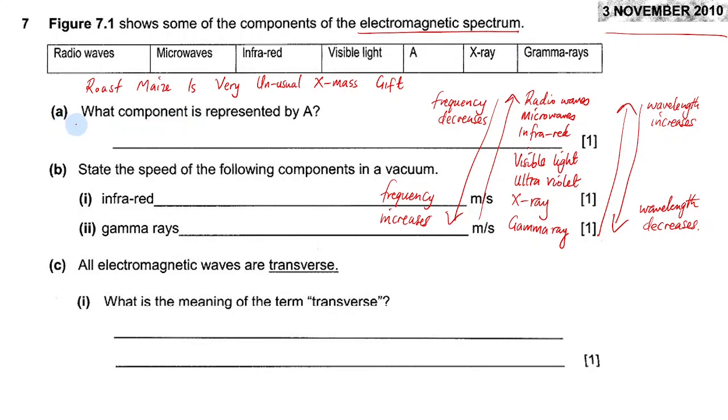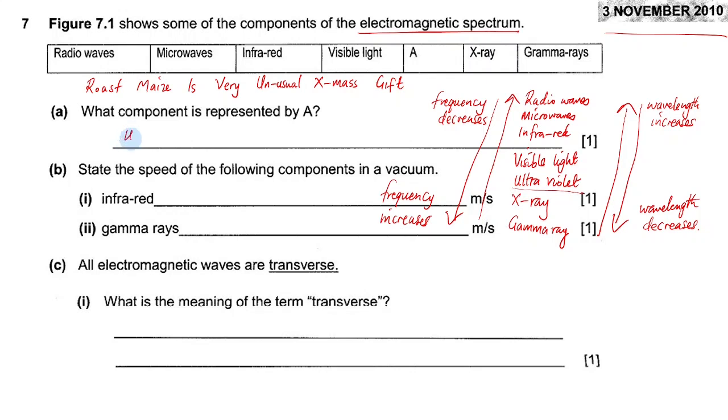So here, like question A, where they're saying what component is represented by A. So here we said this is radio waves, microwaves, infrared, visible light. The next one here is supposed to be ultraviolet.